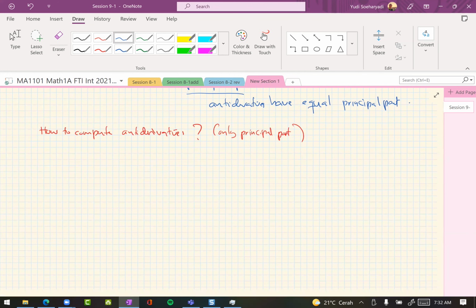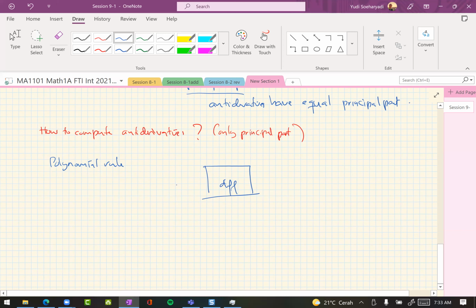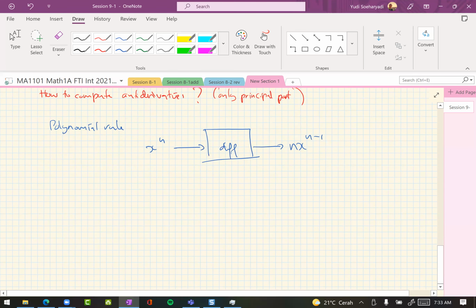Okay, so let's see how to find this. For a polynomial, remember, if you have differentiation, if you feed in x to the n, you get x to the n minus 1 times n. So the thing is how we reverse this rule here.